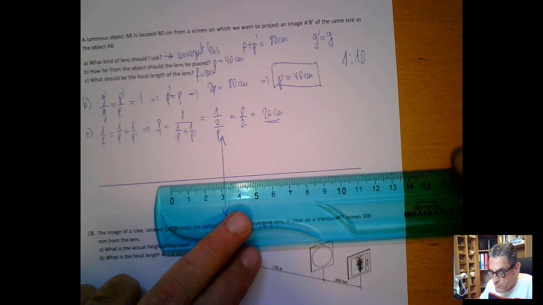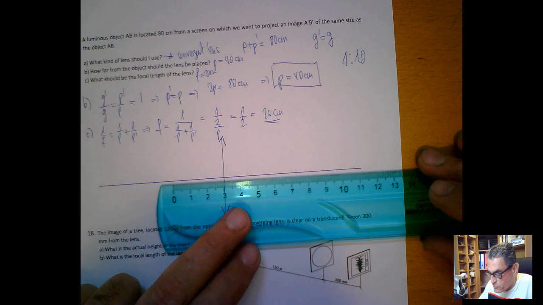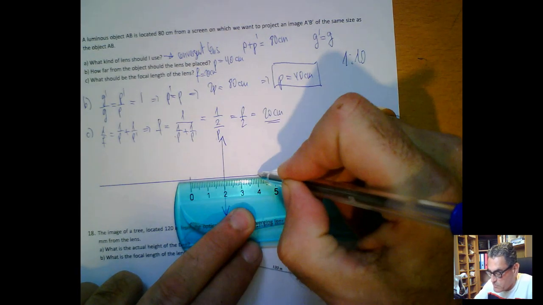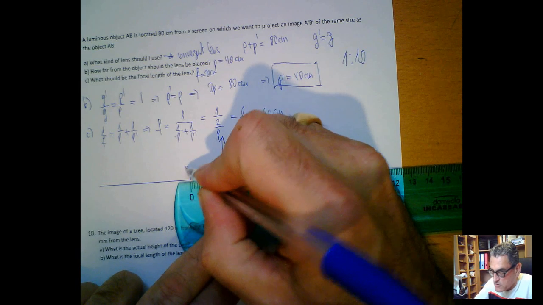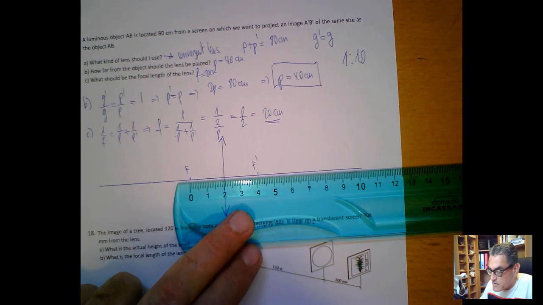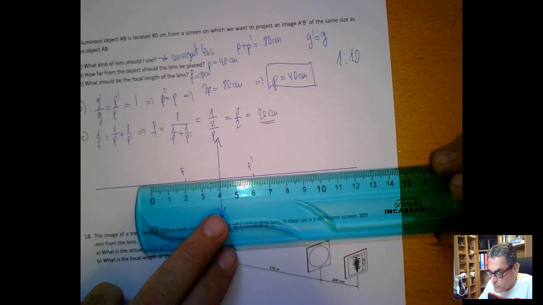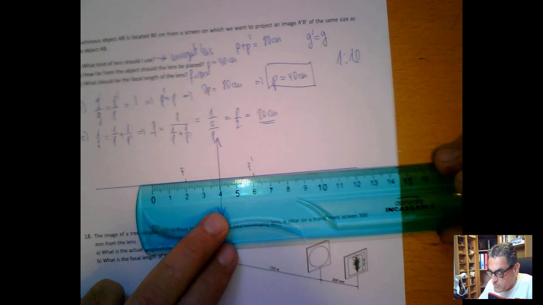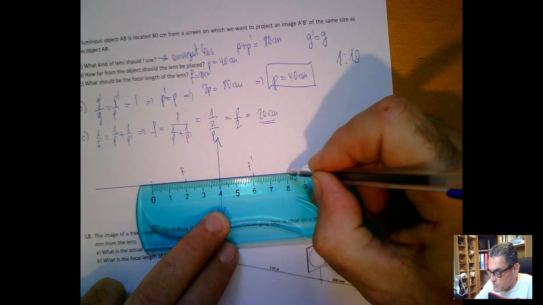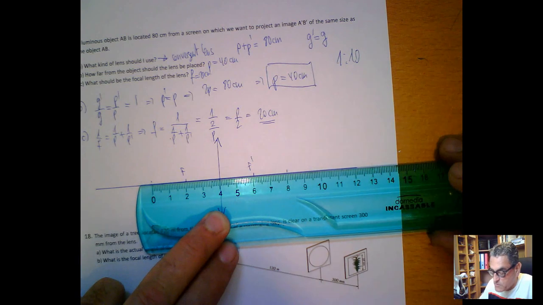We said that the focal distance is 20 centimeters, so here I will reduce it to 2 centimeters. These are f and f prime. The object is at p, which is equal to 40 centimeters. So the object is here and the image will be here, since p is equal to p prime.